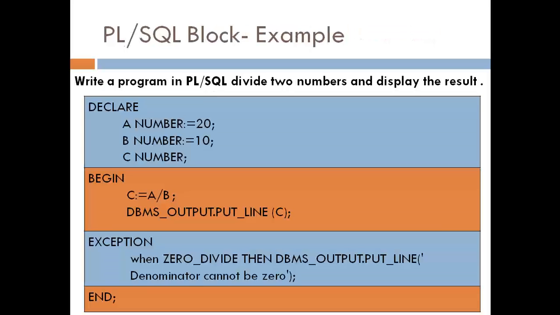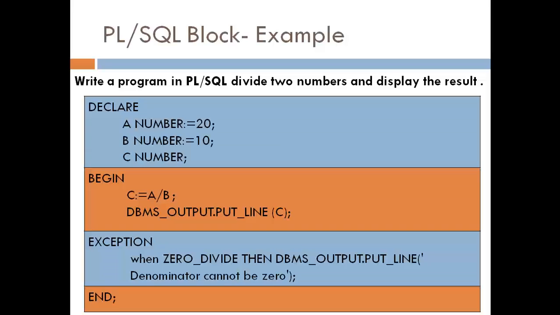This is an example of a PL/SQL block. Here the problem is to divide two numbers and display the result. The problem is very simple. The reason for selecting this simple problem is that you must understand how the PL/SQL block is written. Now as you can see, the problem is solved in three sections: the declare section, the begin section and the exception section.